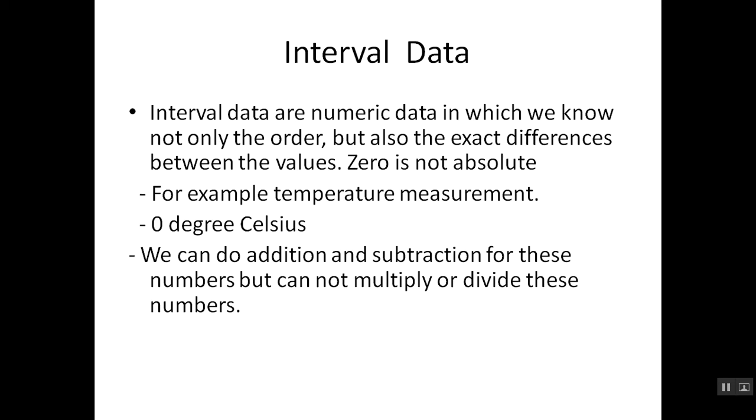Are you getting my point? Why can I not say that? Just think on that. Why is 10 degrees not twice 5 degrees? Because 0 is not defined here. 0 doesn't mean here there is no temperature.